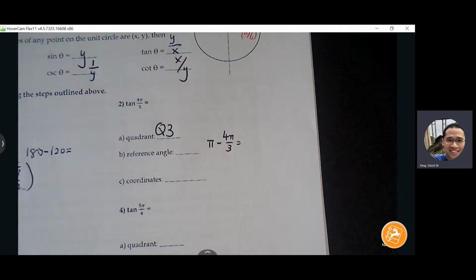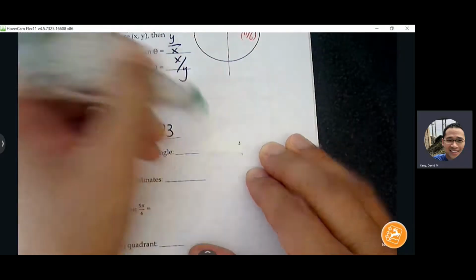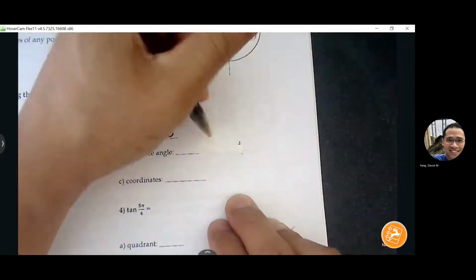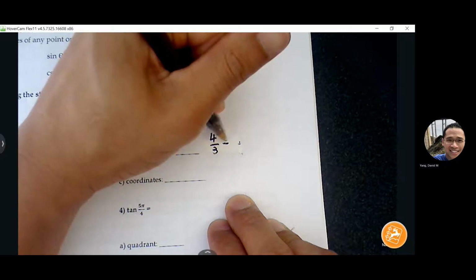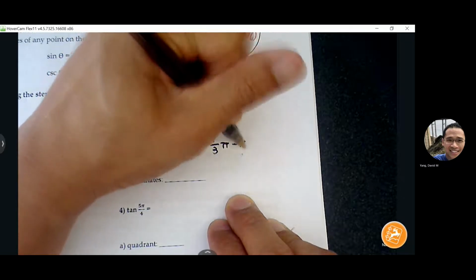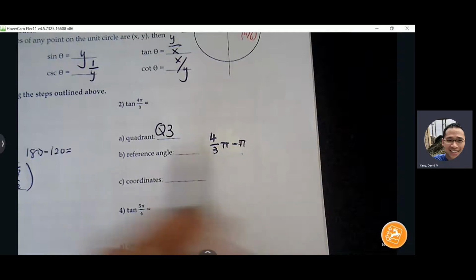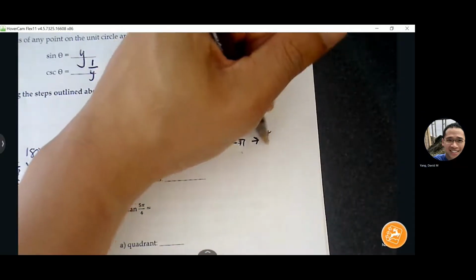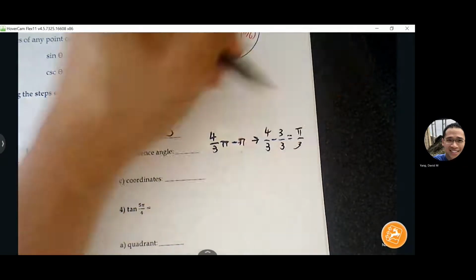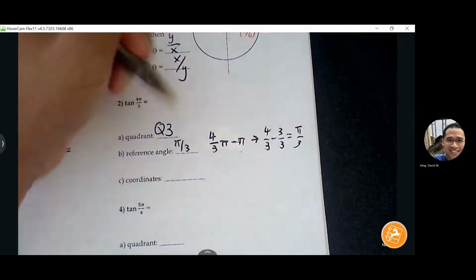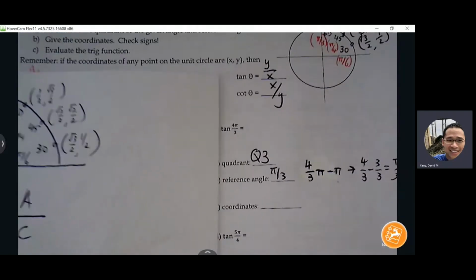I have a larger angle than 180, so I do 4 pi over 3 first. Find a common denominator, 4/3 minus 3/3 is 1/3. You know your reference angle is pi over 3.